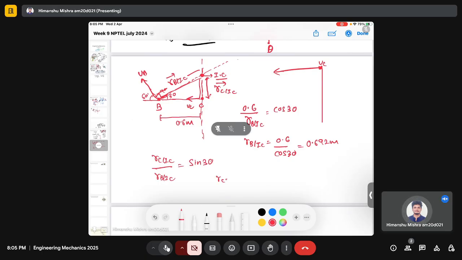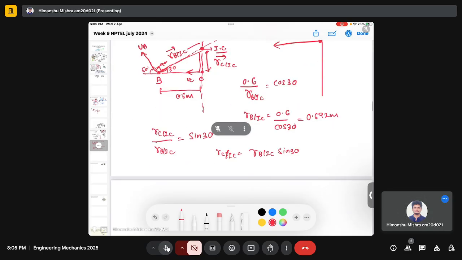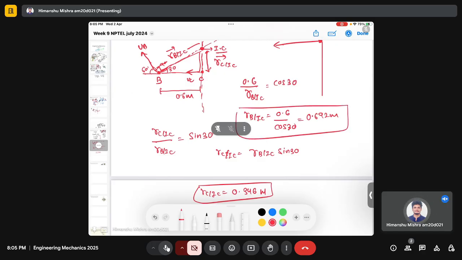So RC with respect to IC will be RB with respect to IC times sine 30, which is half. So RC with respect to IC is 0.346 meter. So this is my position vector from C to IC, and this is my position vector from B to IC.